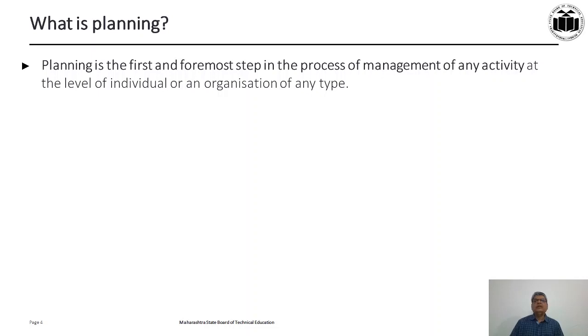So this is a continuous cycle. The first step in the process of management of any activity is planning. It may be an individual activity or an organization of any type.